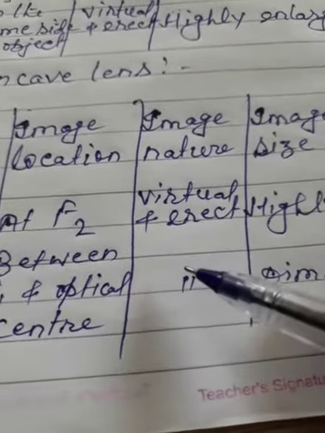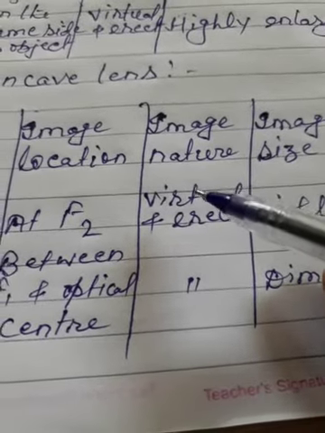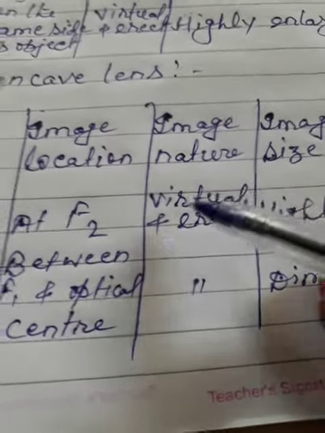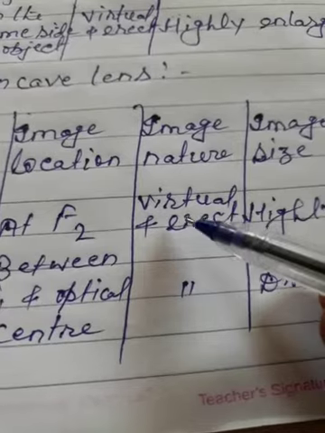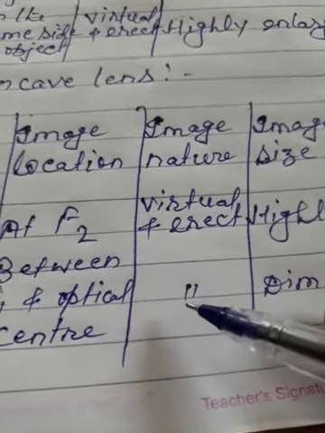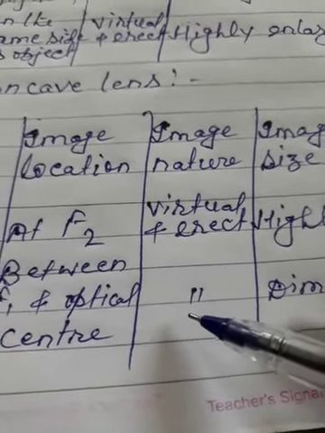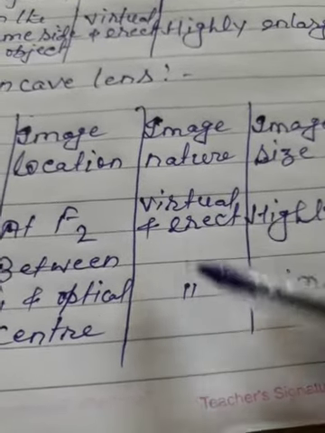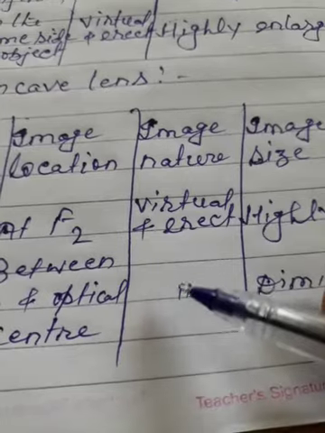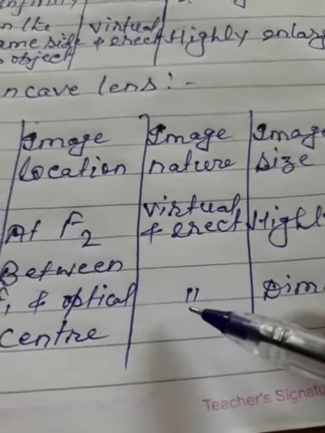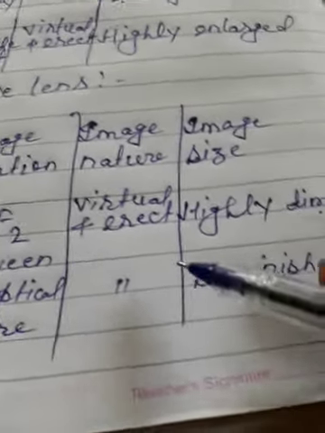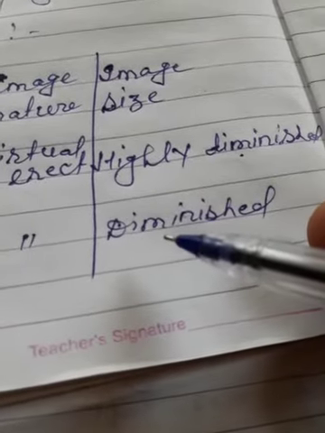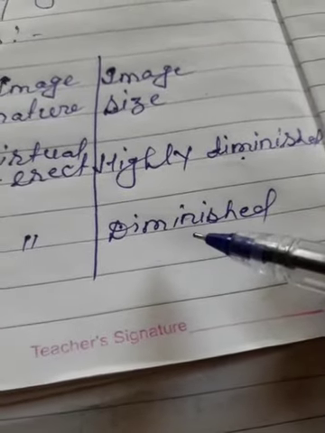You can see that in this lens, in both cases a virtual and erect image will be formed in the concave lens, but this is not the case for the convex lens. Only in the concave lens will the virtual and erect image form in both cases, and what is the size? A diminished size will be formed.